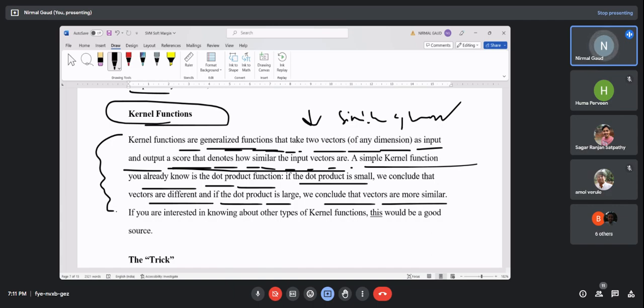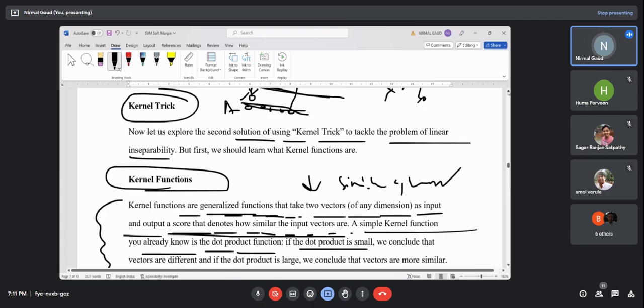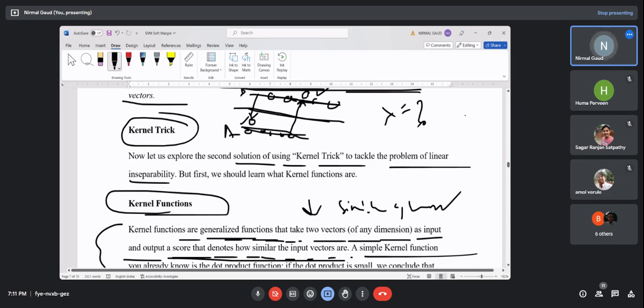And in case of the kernel trick, what we studied is that when you have a problem that is linearly inseparable, then you need to add a dimension. You need to add a dimension that will shift the data points over that particular dimension, and it will separate your data points, which were not separated by a line or a plane. Okay, so you need to shift the data points accordingly.